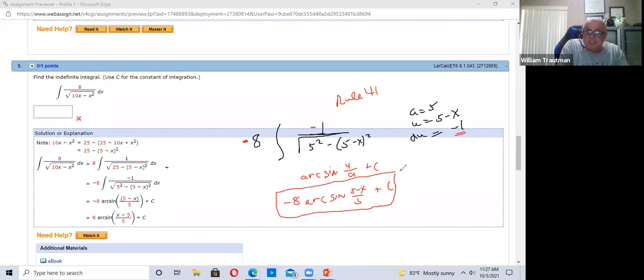And if you type this into the box here, because I tried this, it marks it correct. Okay, if you look at the next step, they got rid of the negative and they changed this. The signs of those, they changed the sign of 5, now it's a negative 5, and they changed the sign of x, it's now a negative x.